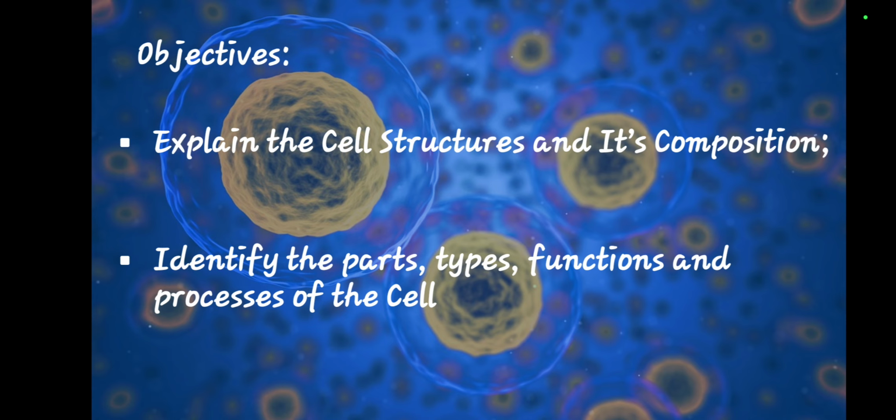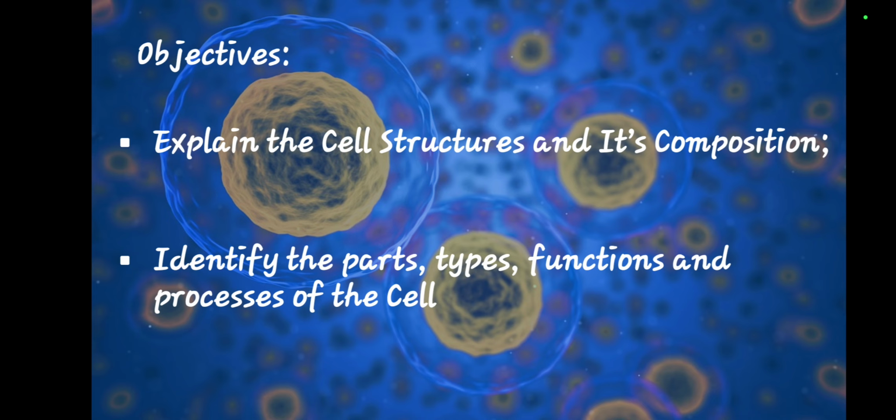Before we define the term cell, I will first explain the objective. What are our goals at the end of this video? My students will explain the cell structure and its composition. And lastly, we will identify the parts, types, functions, and processes of the cell.